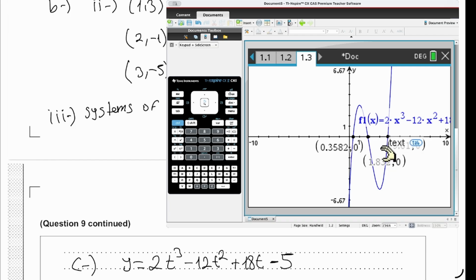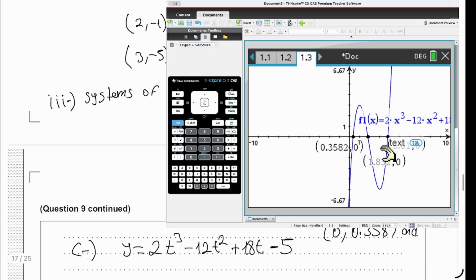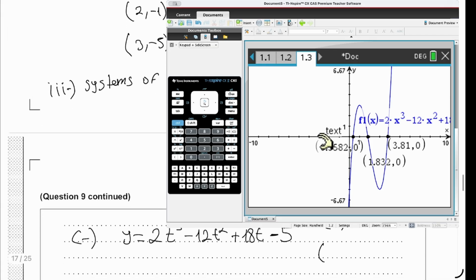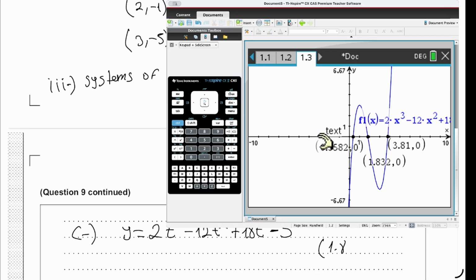So how can I write it? From 0 to this value, in debt, and from 1.8 to 3.81, in debt.